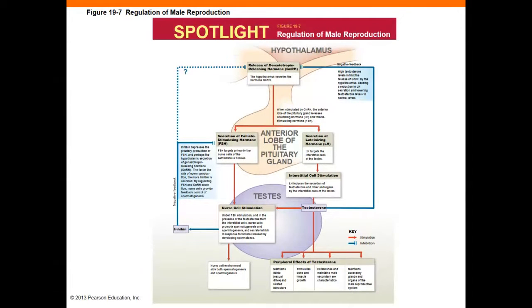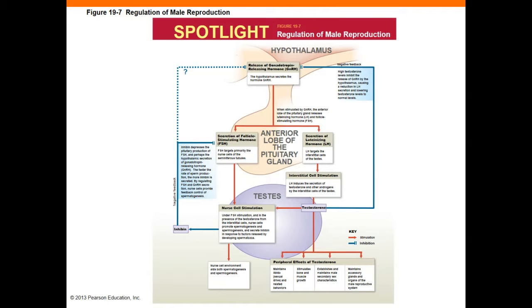And when that happens, we get the inhibition of the GnRH and therefore FSH and LH. So the high levels of testosterone inhibit the release of the GnRH, causing a reduction in LH, potentially a reduction in FSH.